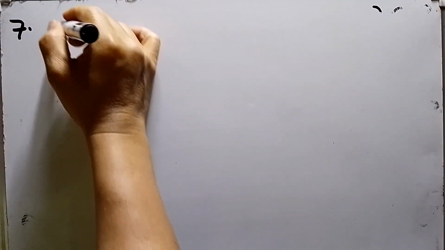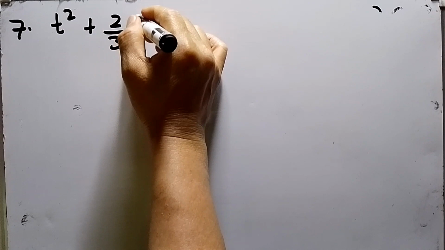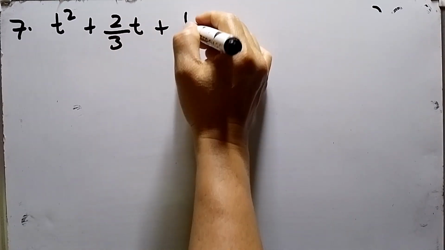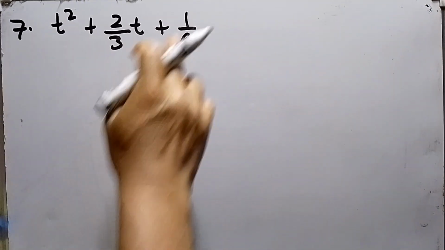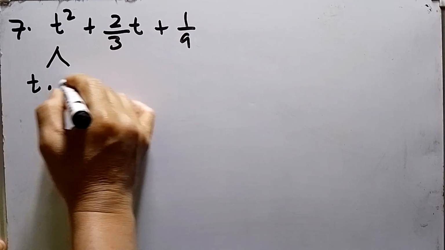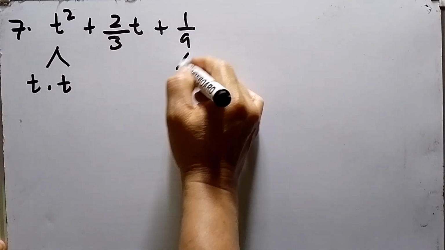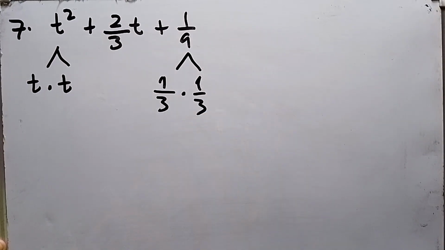Okay, number 7, t squared plus 2 over 3 t plus 1 over 9. Take note, the given are in fraction form, but we don't worry about that fraction because that's a perfect square. So factors of t squared are t and t. Then this one is 1/3 times 1/3.